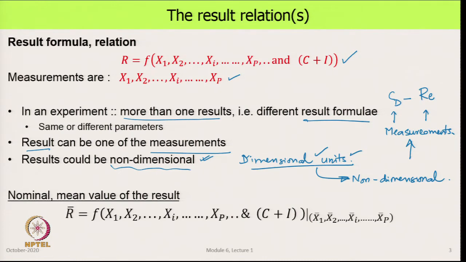The first step in the result uncertainty analysis is to calculate the nominal or the mean value of the result, where we use the result formula and evaluate it at the mean values of every measurement.